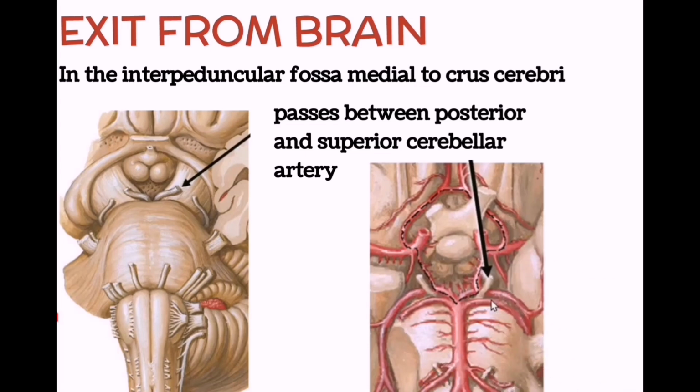The next picture shows the vessels, so it is in between the posterior cerebral artery and the superior cerebellar artery, right? The arrow represents the oculomotor nerve in between these 2 arteries.